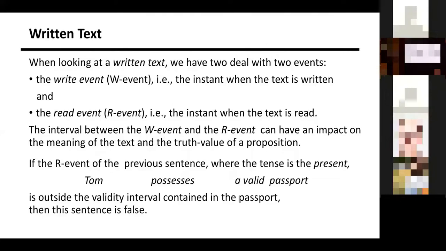When I look at the written text, we have the write event and the reading event, and the interval between the writing event and reading event tells me when the proposition is true or false. Now, it's not always as evident as it is in the passport, but generally speaking, if I say a sentence, I always have some implicit understanding of the time the sentence refers to.